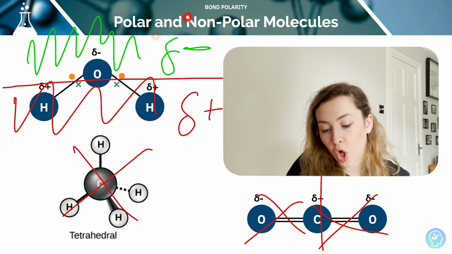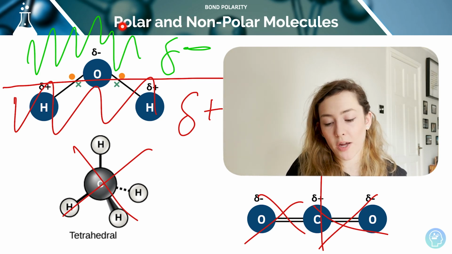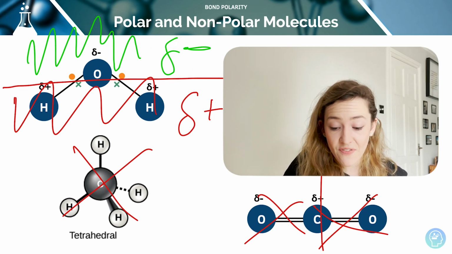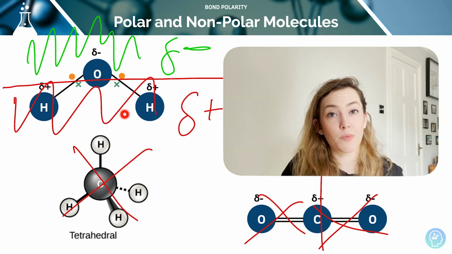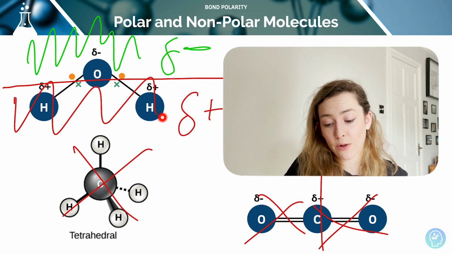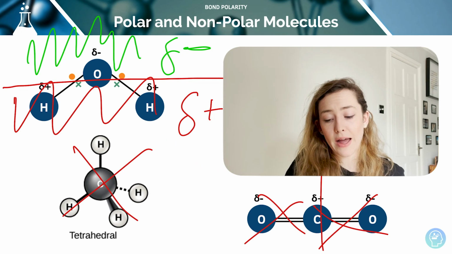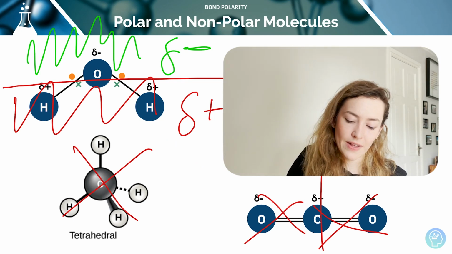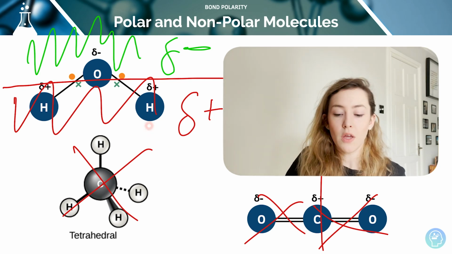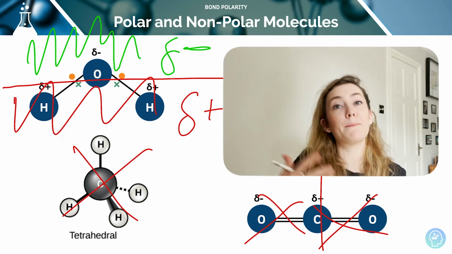If another molecule comes along and interacts with the top side of the water molecule, it's going to be interacting with the partial negative charge, the delta negative, and that's going to make it behave differently than if it approaches underneath the water molecule and comes across the hydrogens first because they're delta positive. So think about it like that. Whatever that molecule is, if it comes across the top, it's going to have a different experience to if it approaches at the bottom. So overall, we consider water a polar molecule.